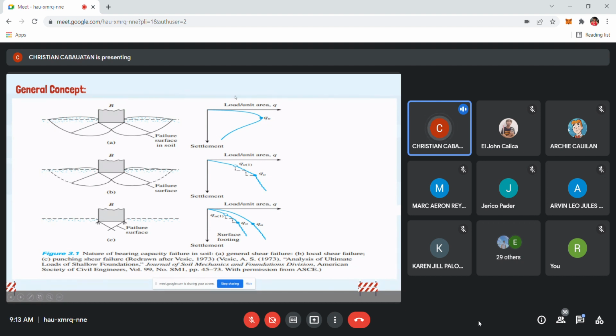Look at this figure. If you gradually increase your load per unit area, your settlement will increase. The variation of the load per unit area on the foundation, the so-called q or the bearing capacity, with the foundation settlement is also shown in 3.1.